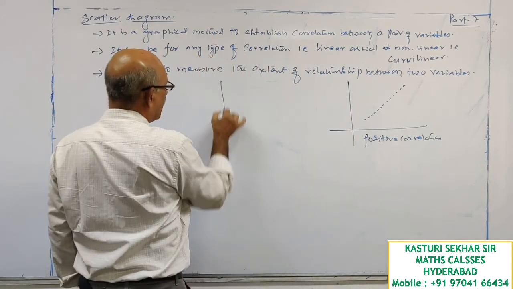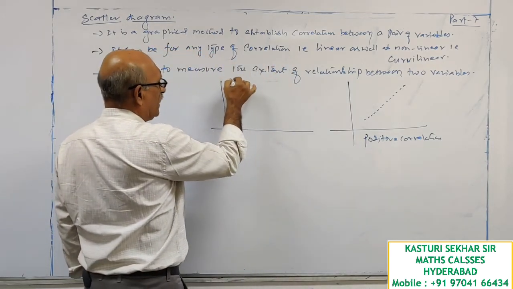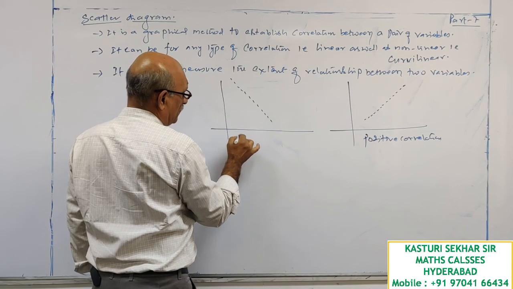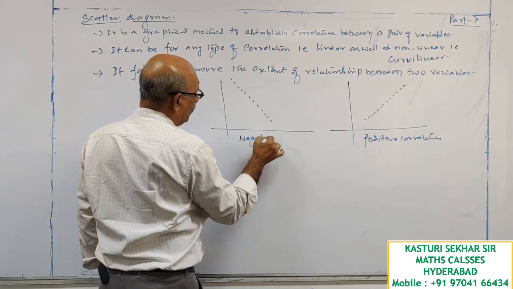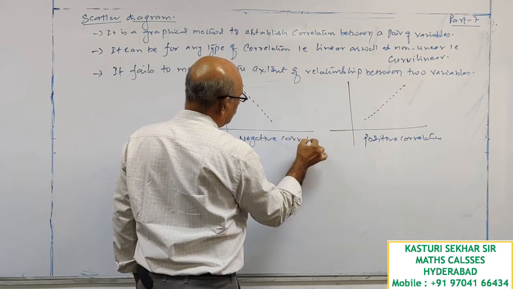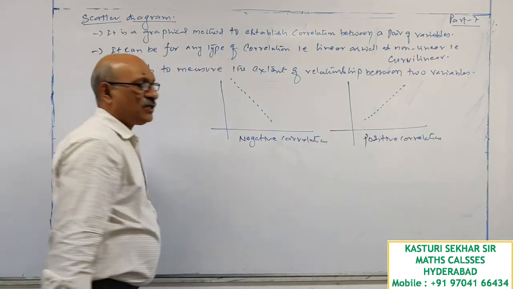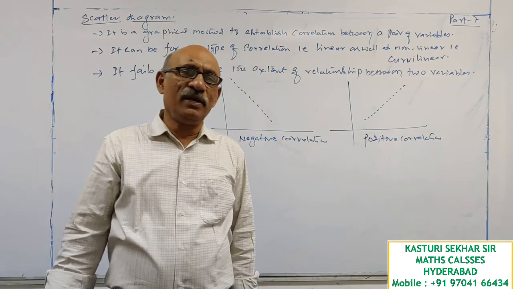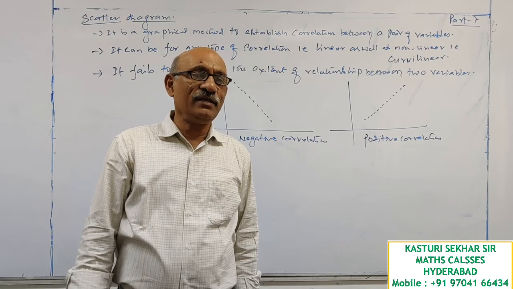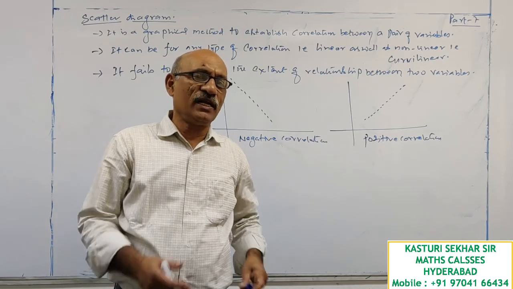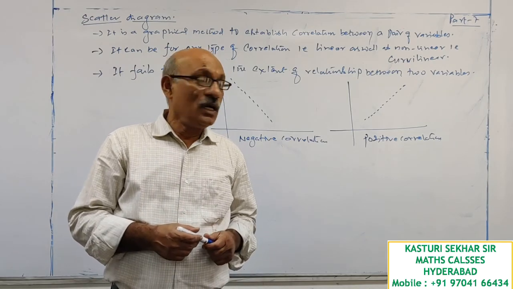If the points plotted on a graph are falling from left top to right bottom, negative correlation. Based on the pattern they are exhibiting, you can identify the nature of the relationship between two variables.